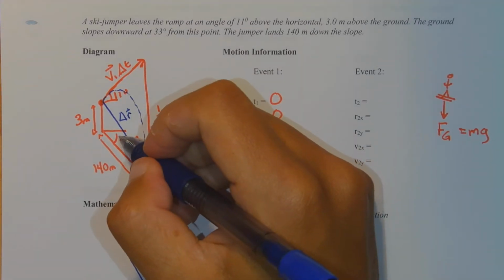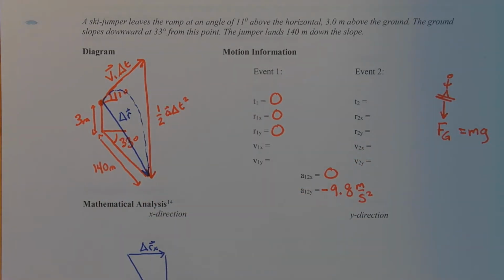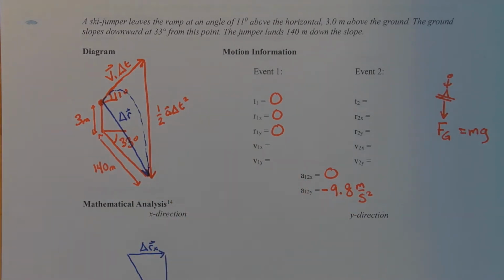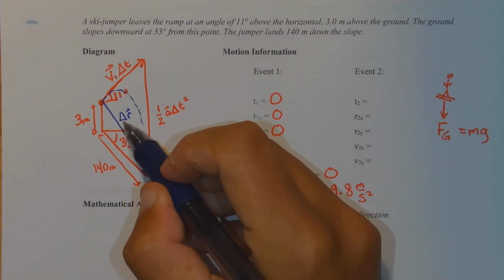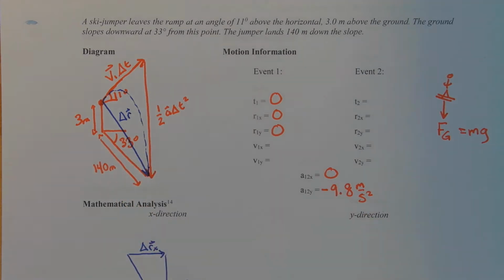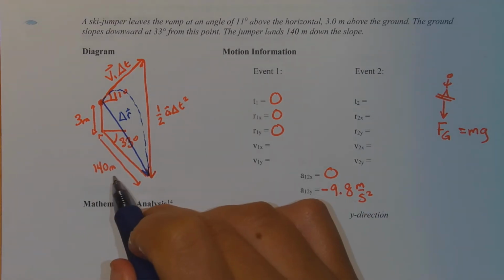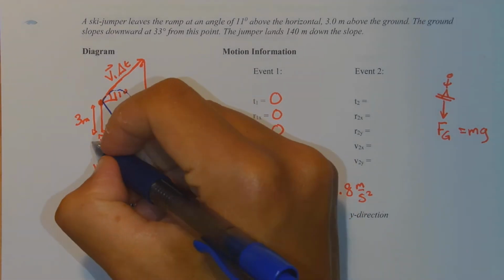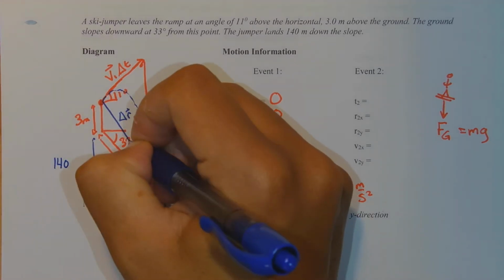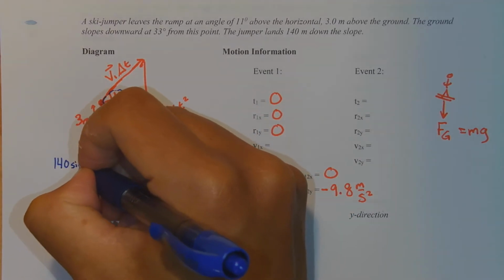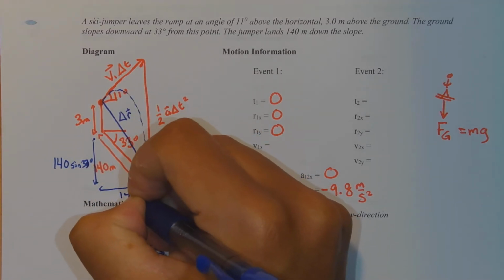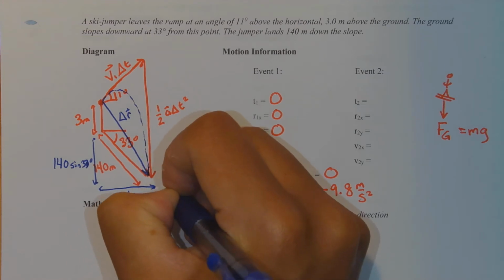This angle of 33 degrees I can use to break down the 140 meters into an x component and a y component. So the 140 meters is not the same as delta r. So delta r goes from here to here, and the 140 goes from the base of the cliff to where the skier lands. But if I break the 140 meters down into components, so that would be from here to here, this would be 140, this is 33 degrees, so this would be 140 times sine of 33 degrees, and this would be 140 times cosine of 33 degrees.